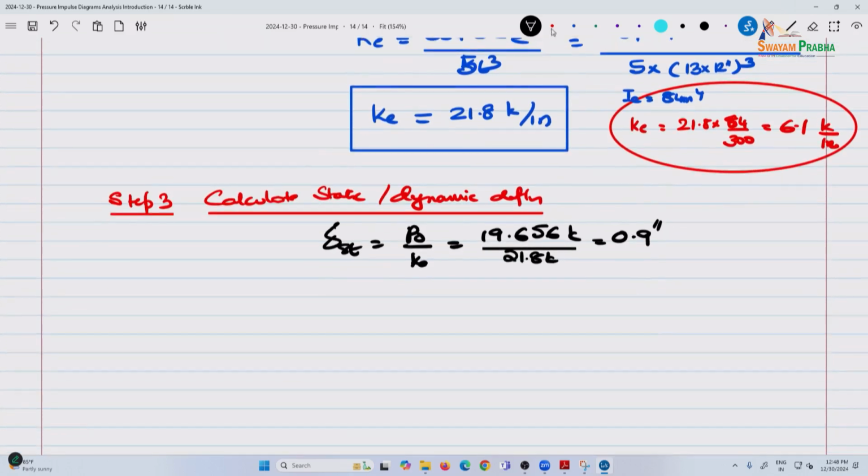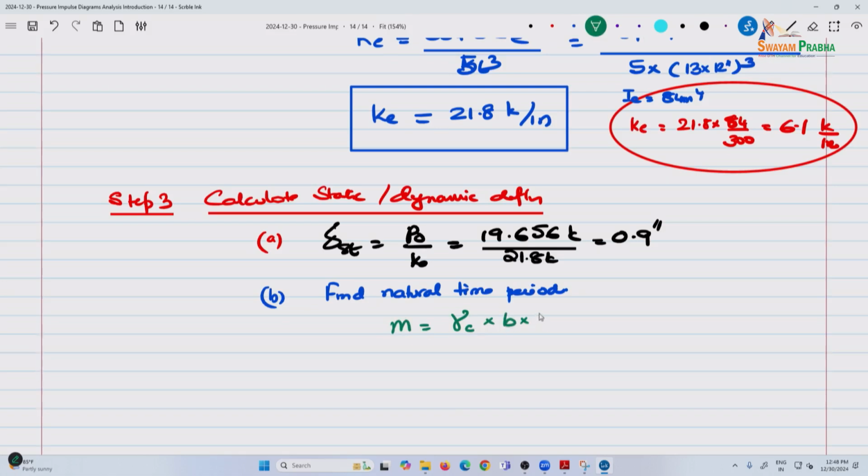Then this is the second part, find the natural time period. So for this, M is concrete multiplied by the volume divided by G. So for us it is 150 pounds per cubic foot.